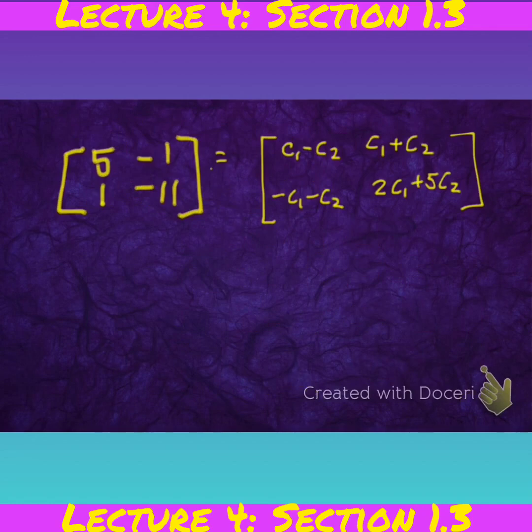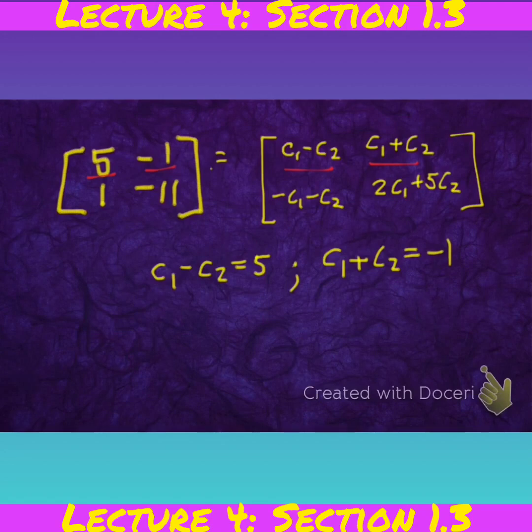Okay, so there we've got the two matrices equal to one another. So that entry needs to be the same as that entry. So we need C1 minus C2 to be equal to 5. Then we need this entry to be equal to that entry. So we need C1 plus C2 to be the same as minus 1.